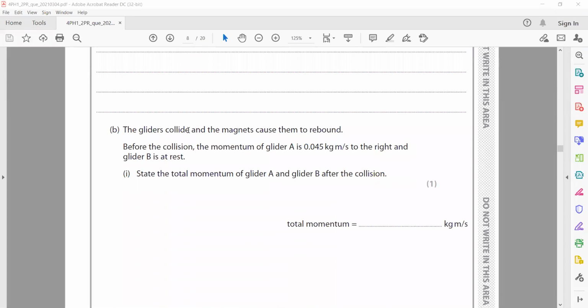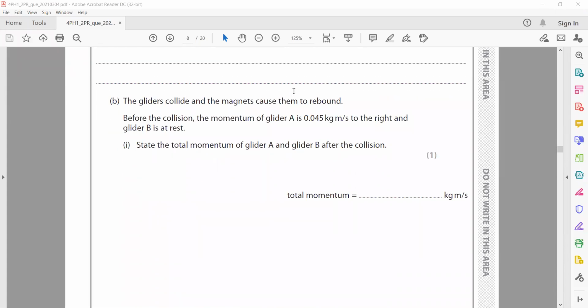The gliders collide and the magnets cause them to rebound. Before collision, the momentum of glider A is 0.045 to the right and glider B is at rest. State the total momentum of gliders A and B after collision. According to conservation of momentum, the total momentum before collision is equal to the total momentum after collision.